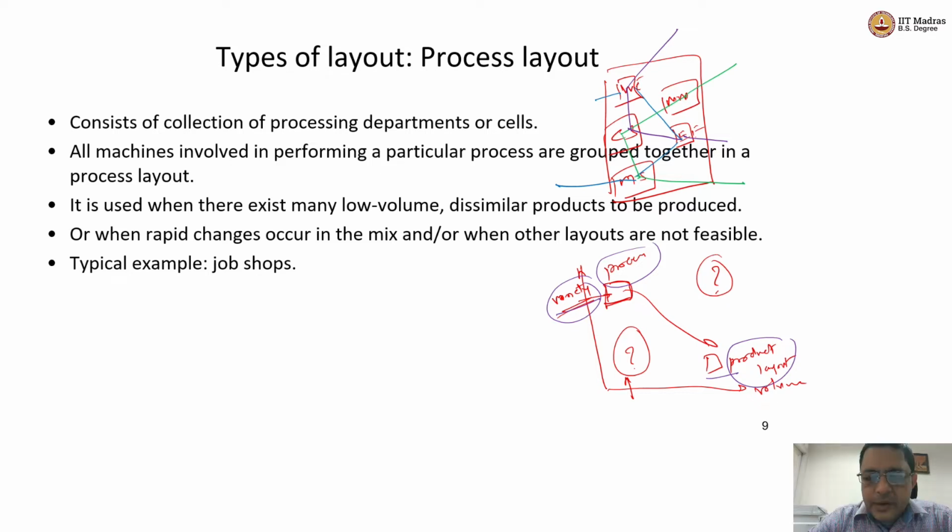Okay, let us say that there is a contract manufacturer. This contract manufacturer has some machines, and using those machines, the contract manufacturer says, I will take all kinds of contracts. Now, the contract may be from the automobile industry to manufacture one particular spare part of a car.